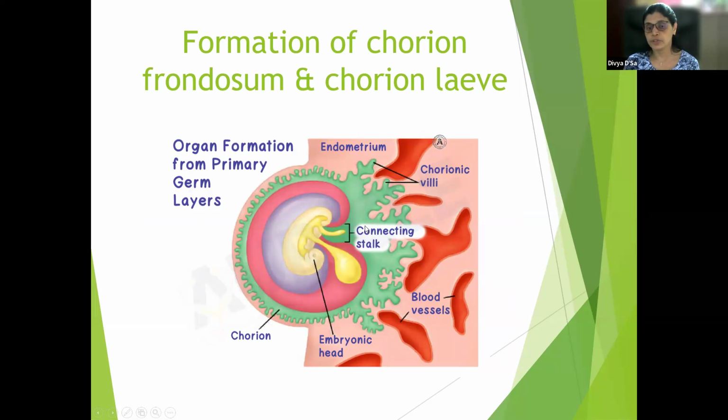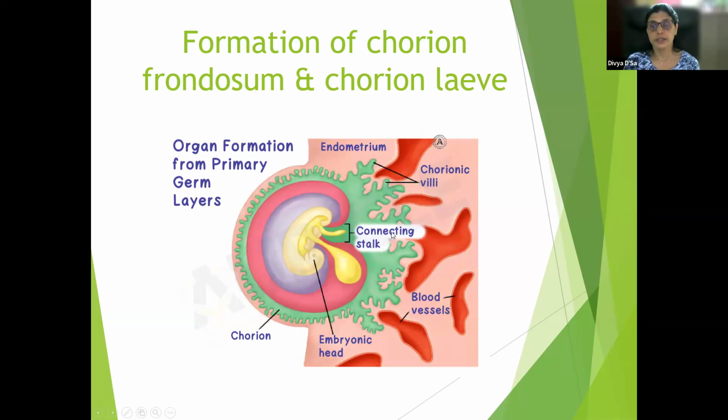The portion of the chorion towards the embryonic pole, we call the chorion frondosum. Whereas the chorion that formed villi towards the abembryonic side, the decidua capsularis part, we call the chorion laeve. They gradually disappear because there is no embryo here, but where there is an embryo they develop very rapidly.